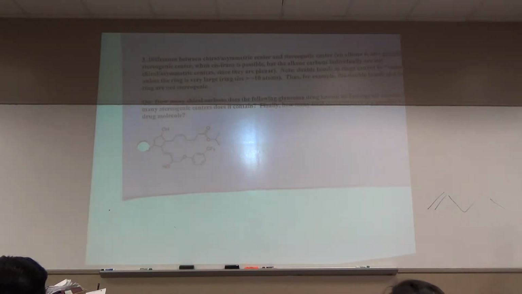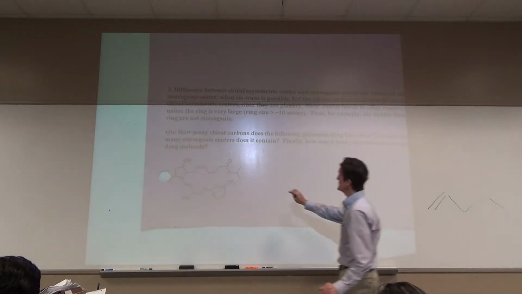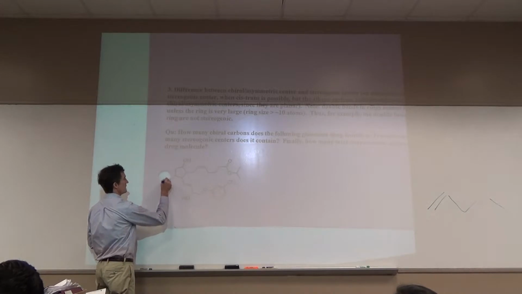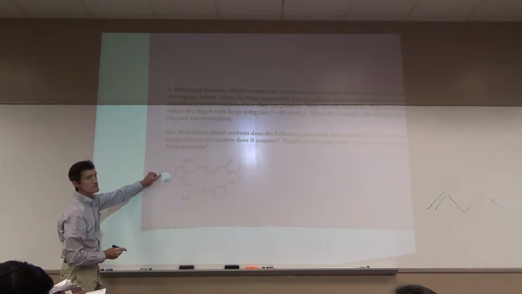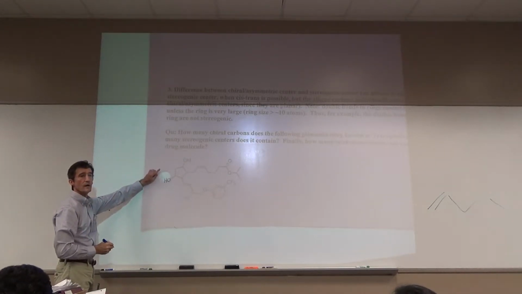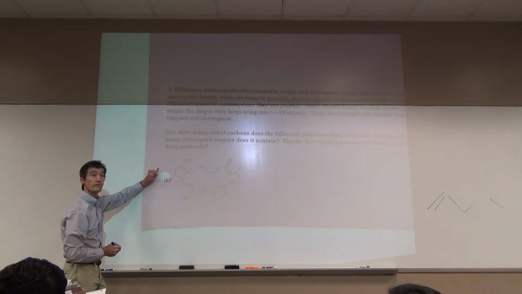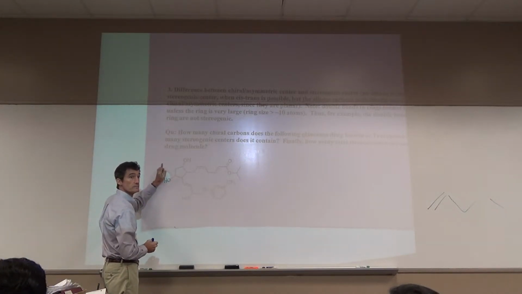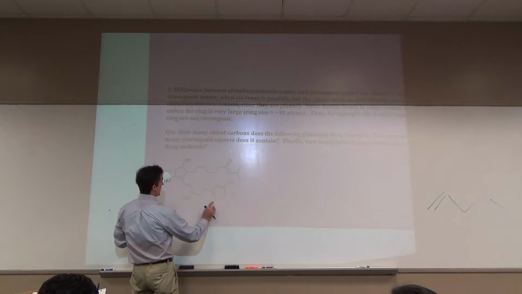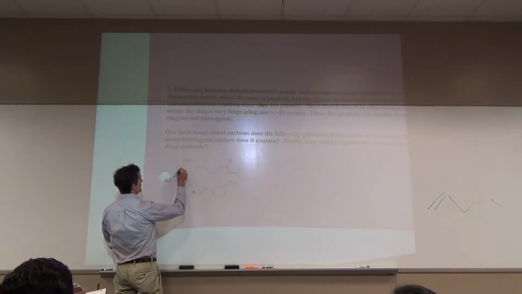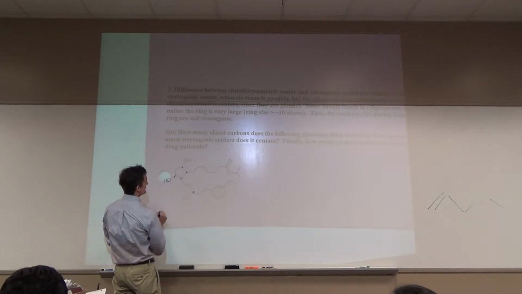This question here included some alkenes. I don't think we did this in class. How many chirocarbons did this molecule have? How many did you get? 1, 2, 3, 4, 5.